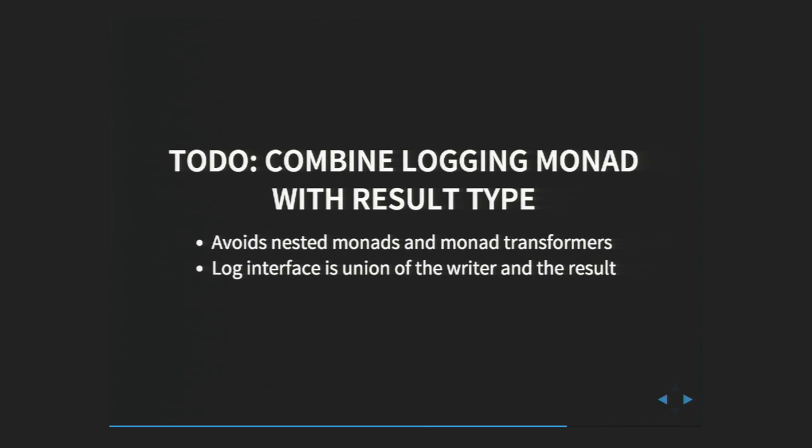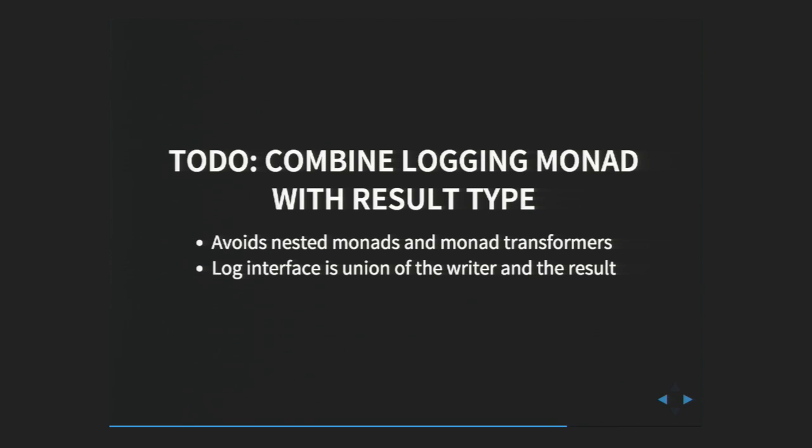So the next thing is you're going to want to combine your result type with your logging monad. The reason you're going to do that is just because Scala is not great at handling nested monads. And you can use something like a monad transformer, and there's other techniques as well. But if you do use this thing, you're going to use it a lot. And it's not a lot of code to handwrite. You're better off just having some straight line implementation that does exactly what you want to do. The result type doesn't make a difference.